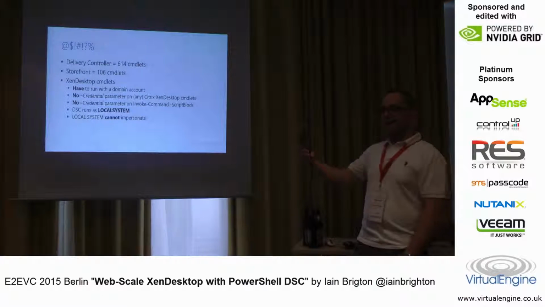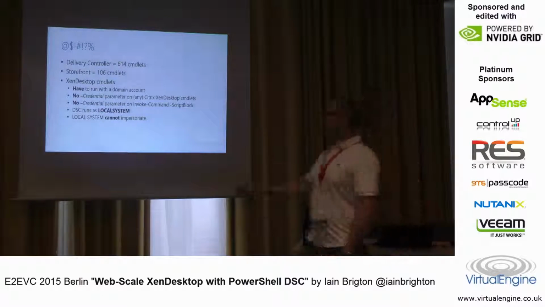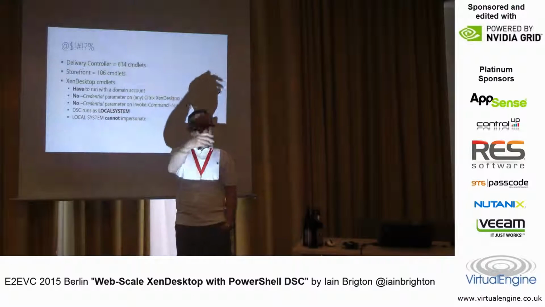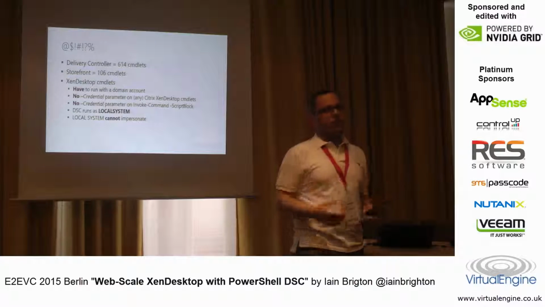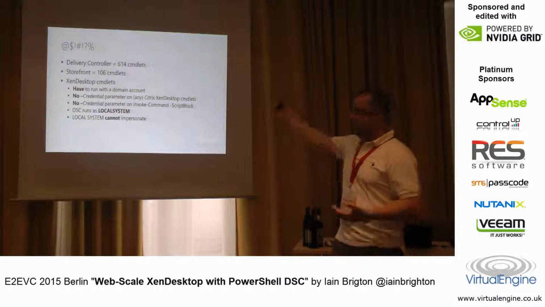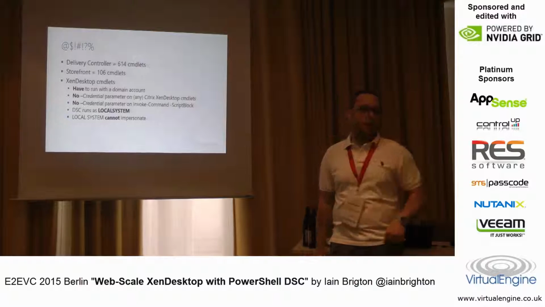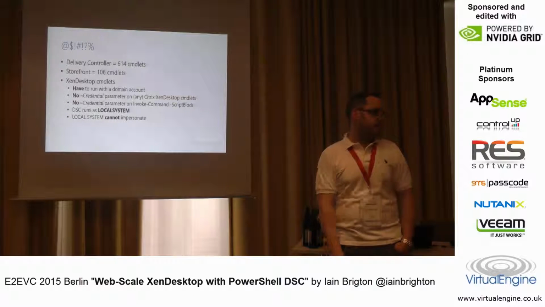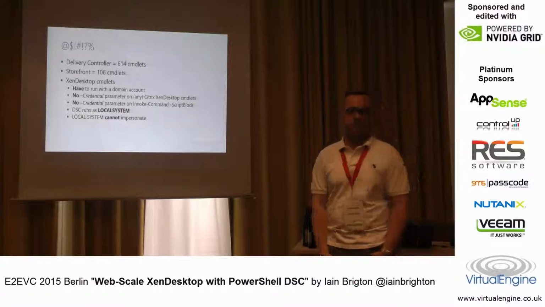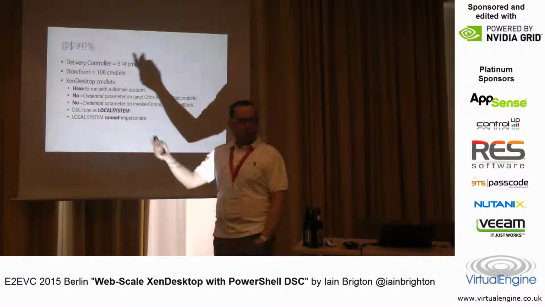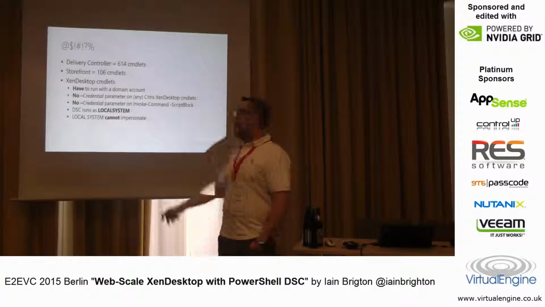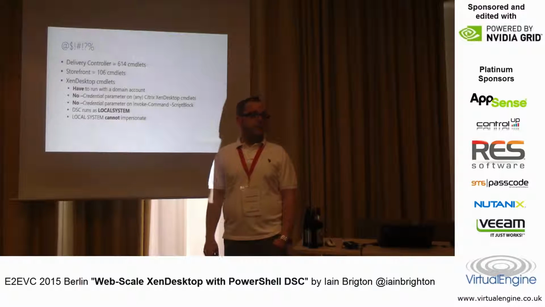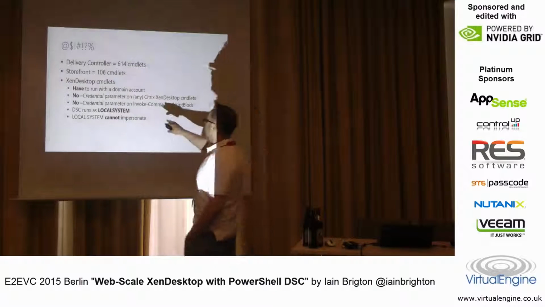In effect, we need to map each of those cmdlets, or what they're trying to do, to DSC resources. For example, there's Set-BrokerDesktopGroup, where you can configure various settings on a delivery group. For us to be able to write a configuration document that goes and makes it so, we need to have a resource to do that. When I looked at this, I thought, oh my God.